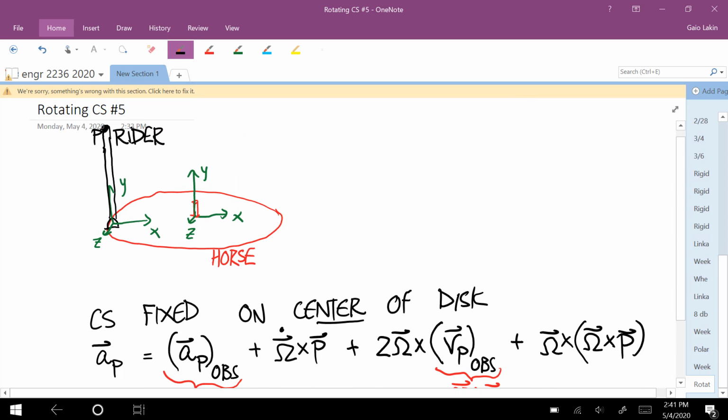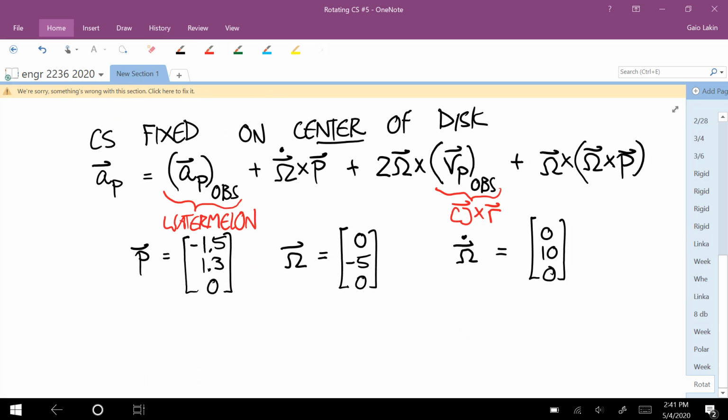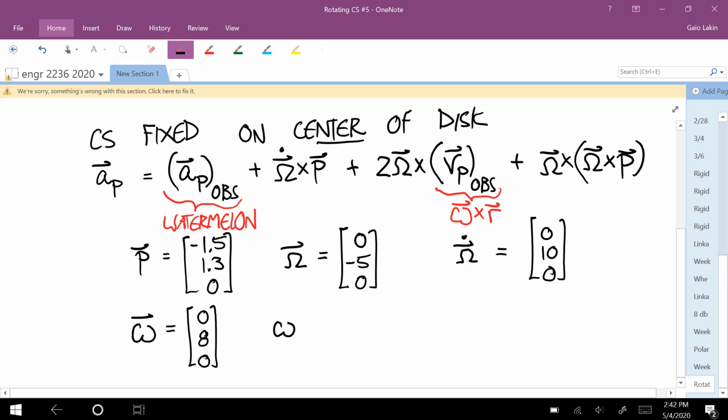The axis of rotation is the z-axis. This circular motion of this arm is in the xy plane. So lowercase omega, the omega just for that point as observed in our coordinate system, is 0, 8, 0. And it says it's constant, so alpha is 0.